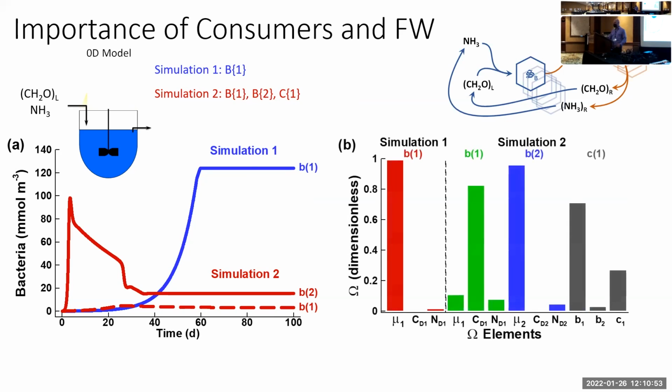The interesting thing is when you look at how resources are allocated in these scenarios. In the bacteria-only situation, all the resources are mostly allocated to growth, right? So it's putting everything into growth and just a little bit into the breakdown of detrital nitrogen. For the other scenario, this bacteria is shown in green here.